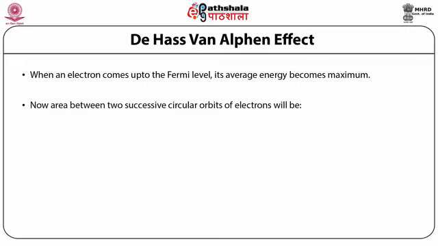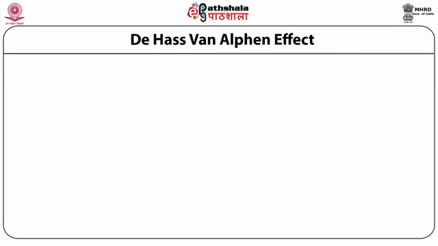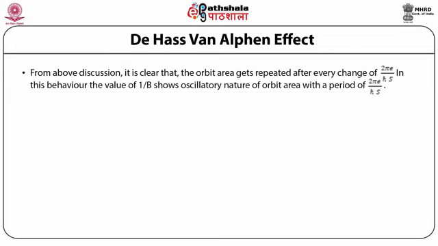So now the area between two consecutive circular orbits of the electron will be delta of 1 by B equal to 2 pi e by h cross S. From the above discussion, it is clear that the orbit area gets repeated after every change of this factor, 2 pi e by h cross S.